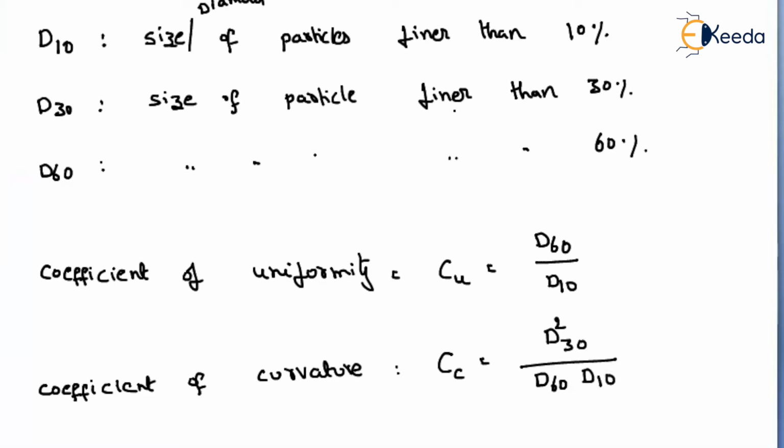Depending upon these two values, we will define whether the soil is uniformly graded or well graded soil. Every time we will not draw the graph and then find out the values. Depending upon these two parameters, we can still define whether it comes under uniformly graded or well graded soil. Now let us see those ranges.